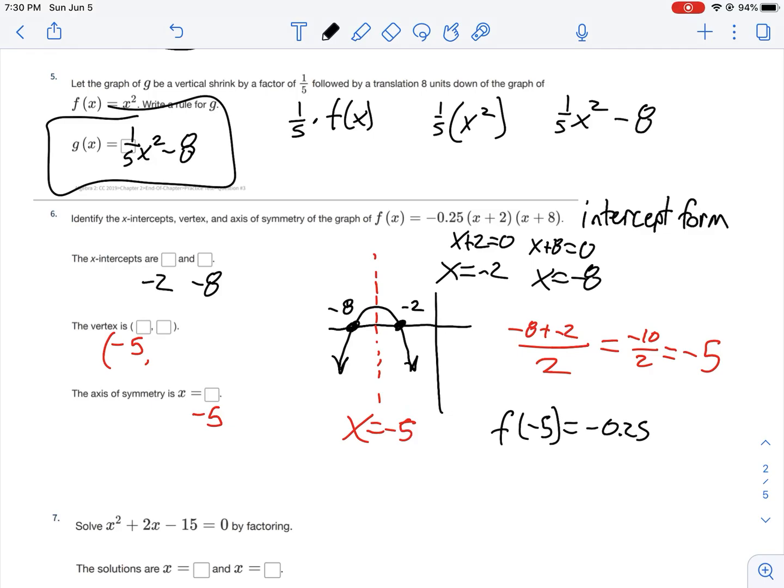Negative 0.25. We've got negative 5 plus 2, negative 5 plus 8. This is negative 0.25 times negative 3 times positive 3. This is negative 0.25 times negative 9.